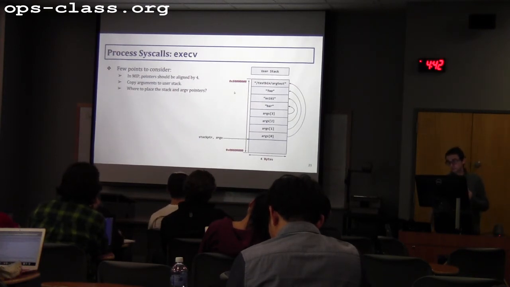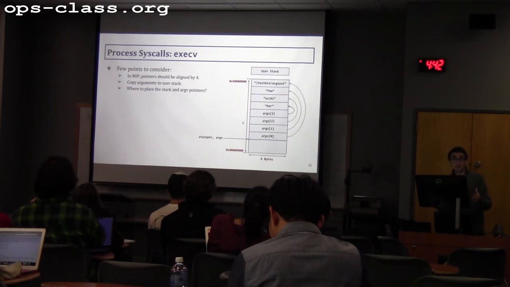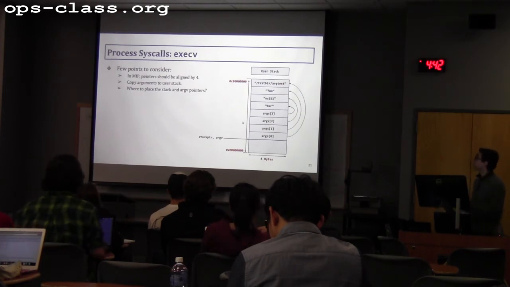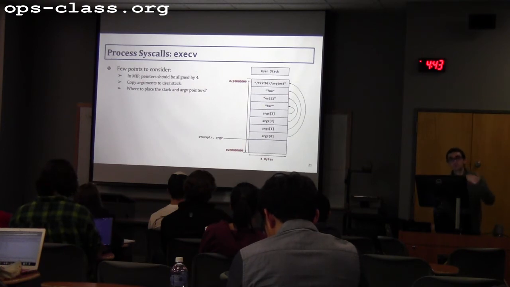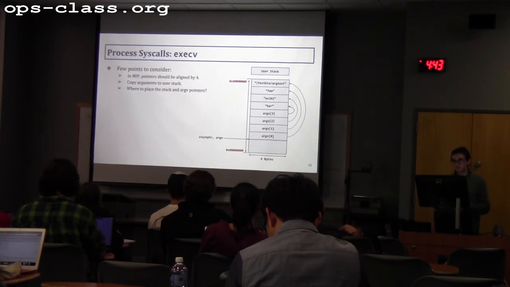First of all, you need to know that in MIPS, pointers should be aligned by 4, so a pointer should be of size 4 bytes.